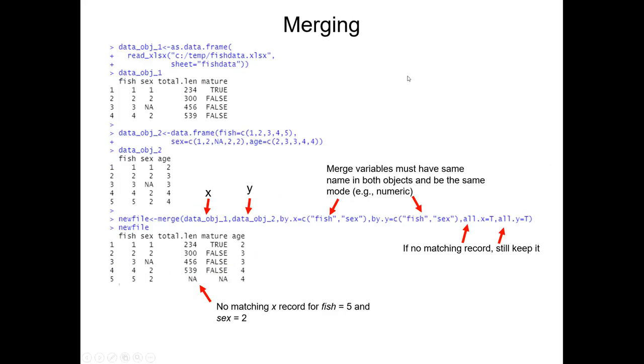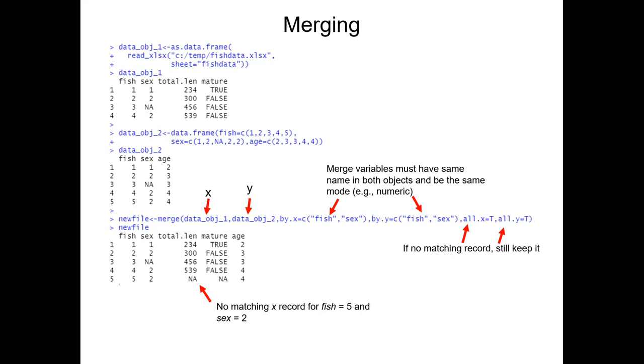So in merging, you can actually merge multiple data sets together if that's easier for you to manipulate. In this example, I'm creating 2 data objects, the original one, and then in the second one I'm adding a fish column, which has the exact same fish numbers as the original object, and the same sexes.